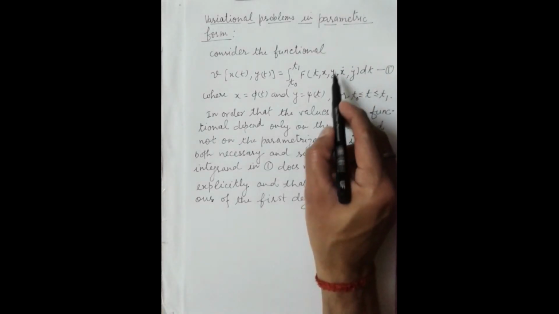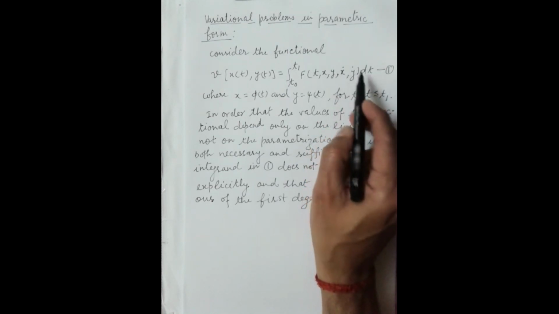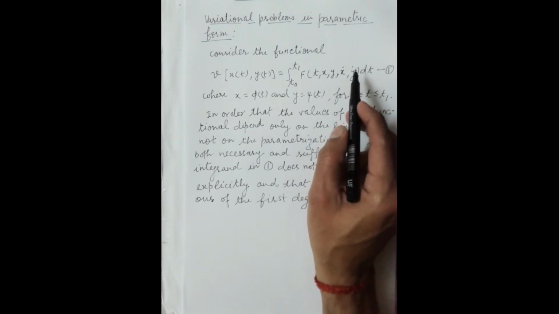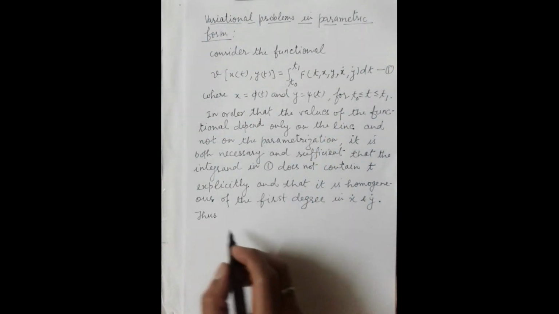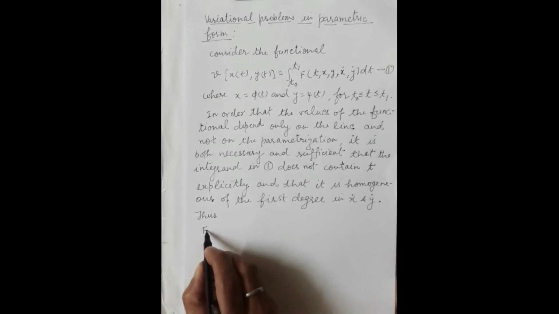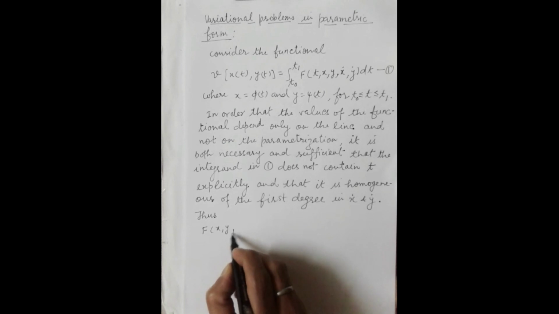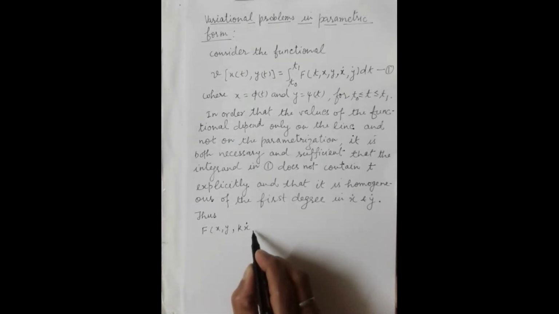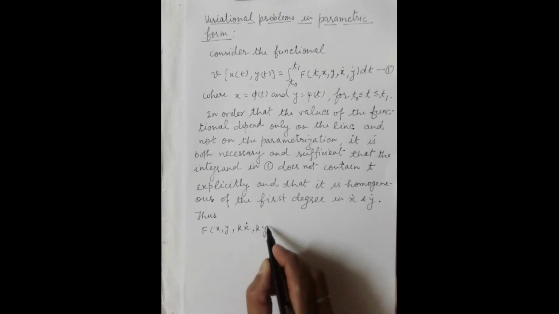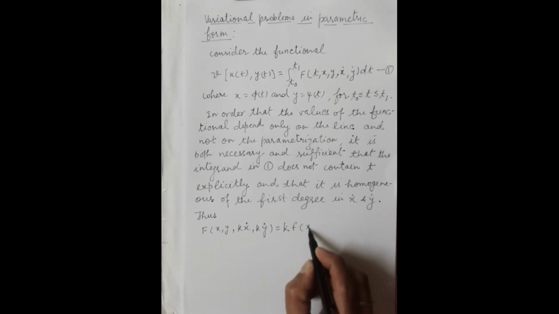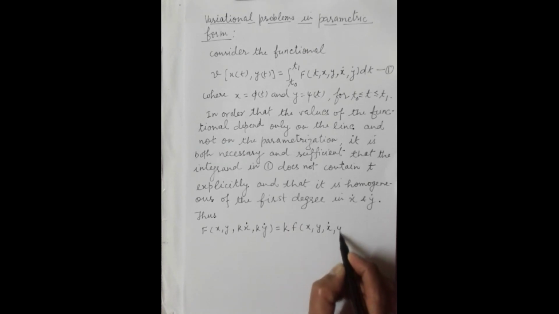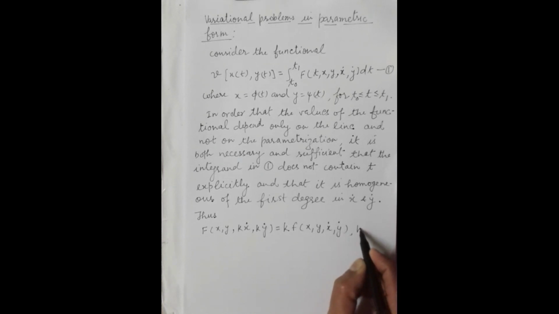Here x dot means dx by dt and y dot means dy by dt. Thus F(x, y, kx dot, ky dot) is equal to k F(x, y, x dot, y dot), where k is greater than 0. This is denoted by 2.